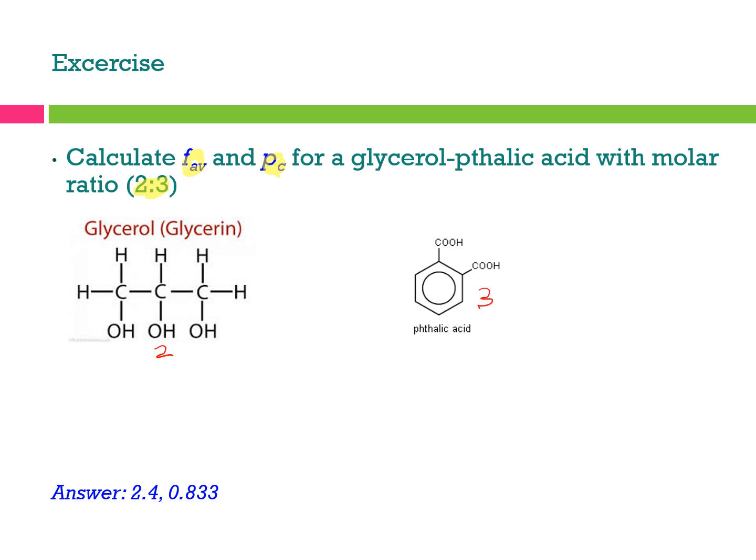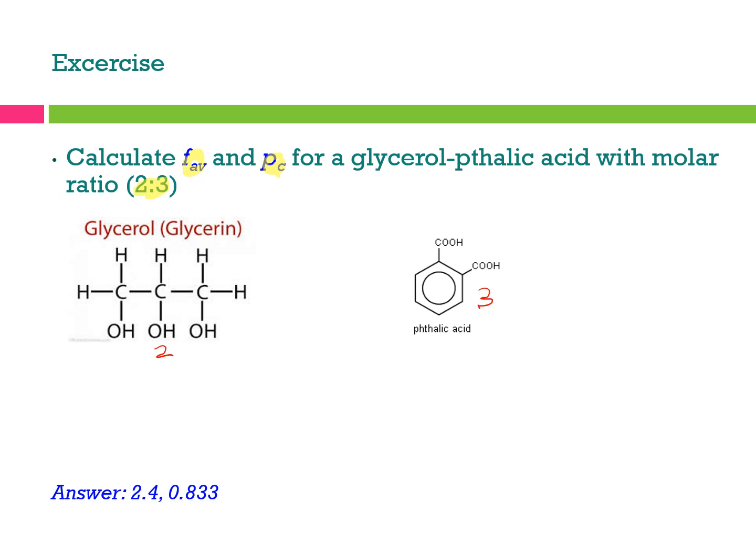If you have the number of moles of the monomers, to find the average functionality, you need to find the equivalents of both monomers.